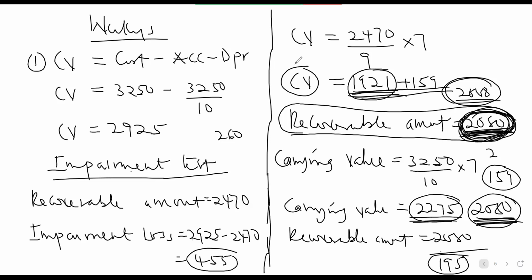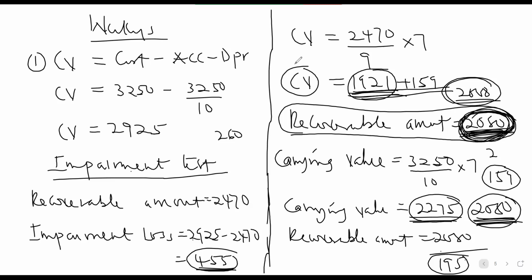You assume that the impairment on the asset has not happened. So we haven't done the first impairment, the 2479; we assume this impairment has not happened at all.